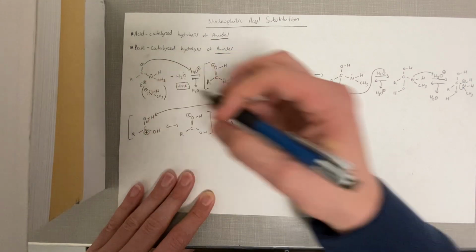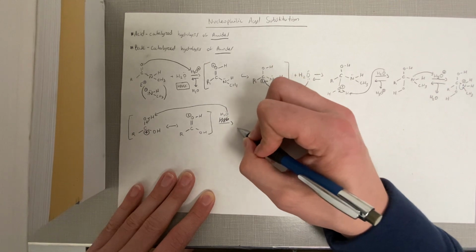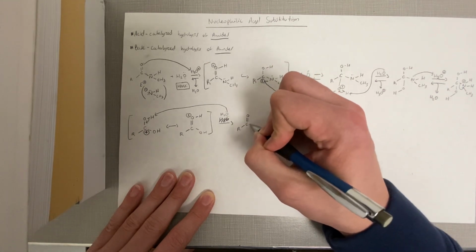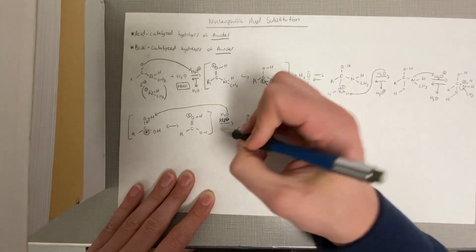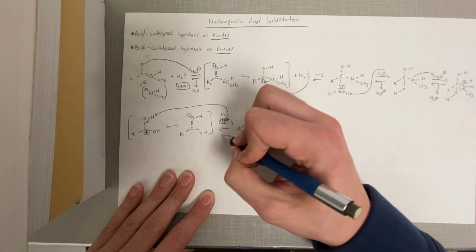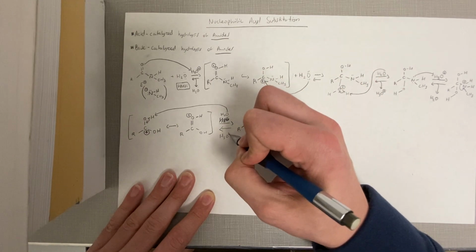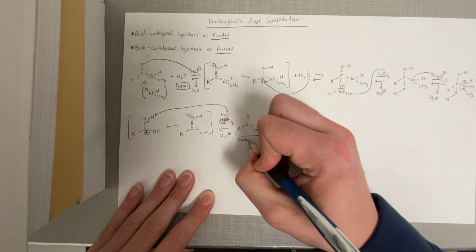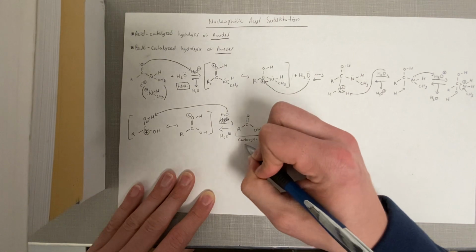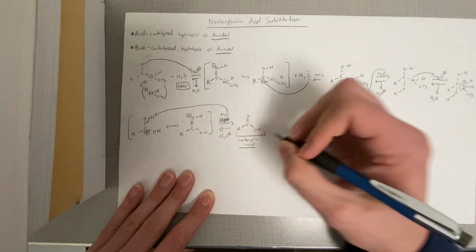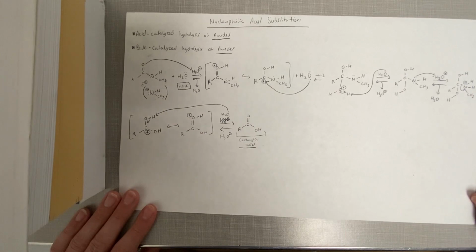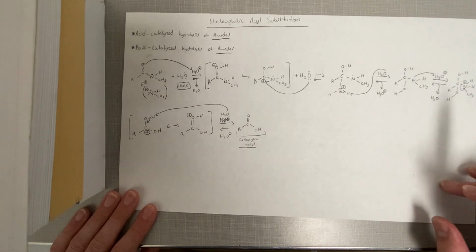This will go here, giving us our final product, which is our carboxylic acid. So this is the acid catalyzed hydrolysis of amides.